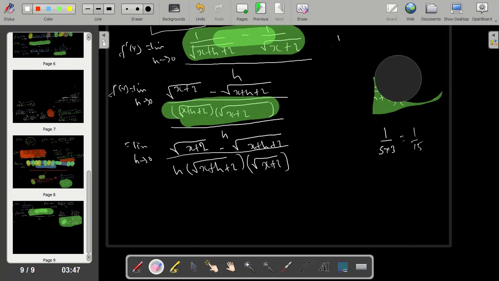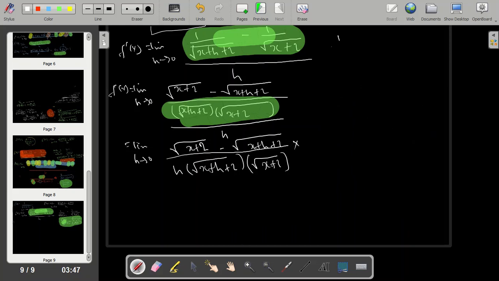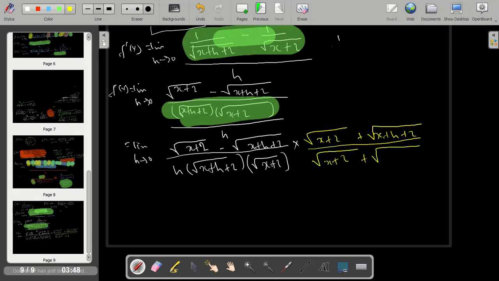So this thing is multiplying by the square root of x plus 2, then plus the square root of x plus h plus 2, everything divided by the same thing, the square root of x plus 2 plus the square root of x plus h plus 2.